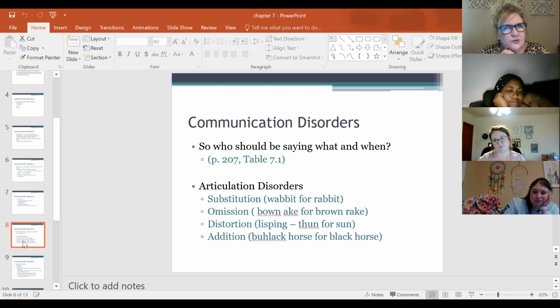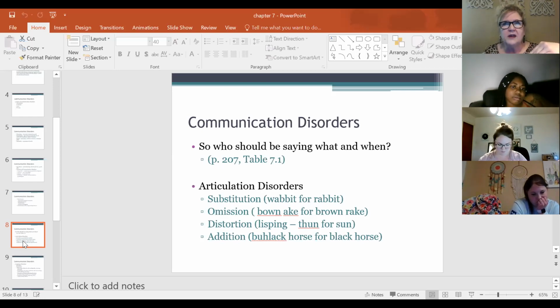An articulation disorder is when the sounds don't come out the way they're supposed to, and when they don't form at the times at which they're supposed to. So if you were to look at that chart and the child that you're thinking about isn't making the sounds that they should well past the time that they should have developed those sounds on the chart, then that's when we're supposed to start getting concerned.